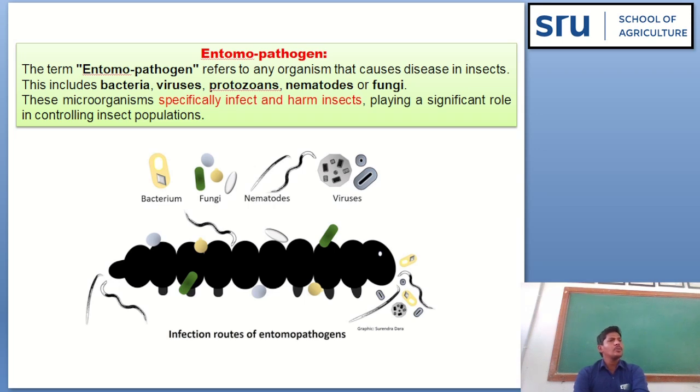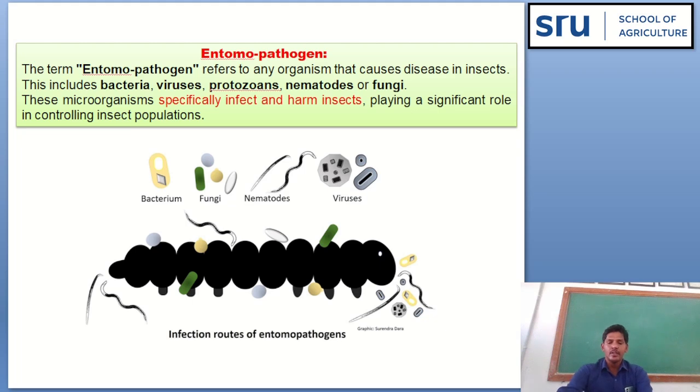This entomopathogen may be bacteria, fungi, nematode, virus or protozoa. These microorganisms specifically infect and harm insects and eventually help in managing their populations.